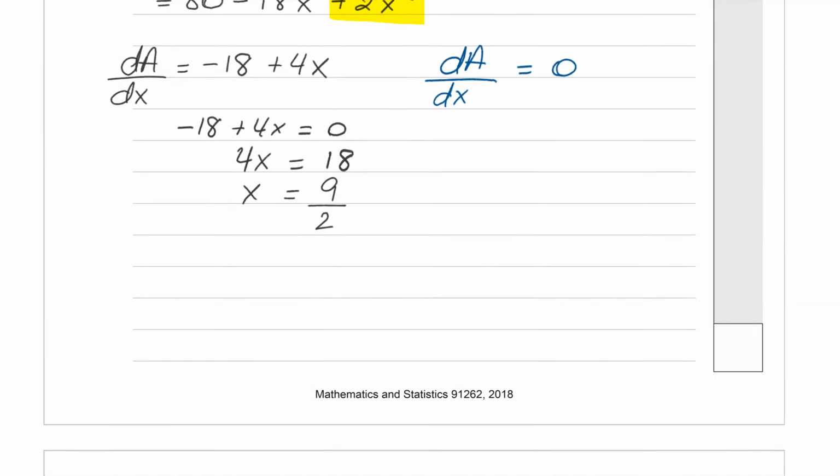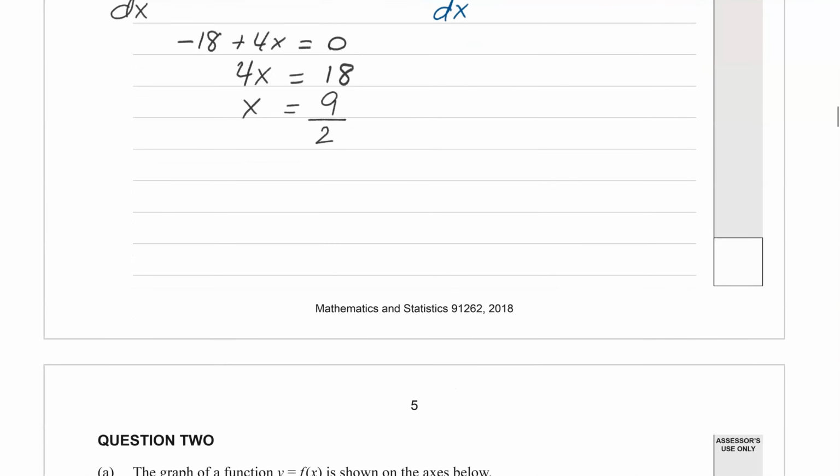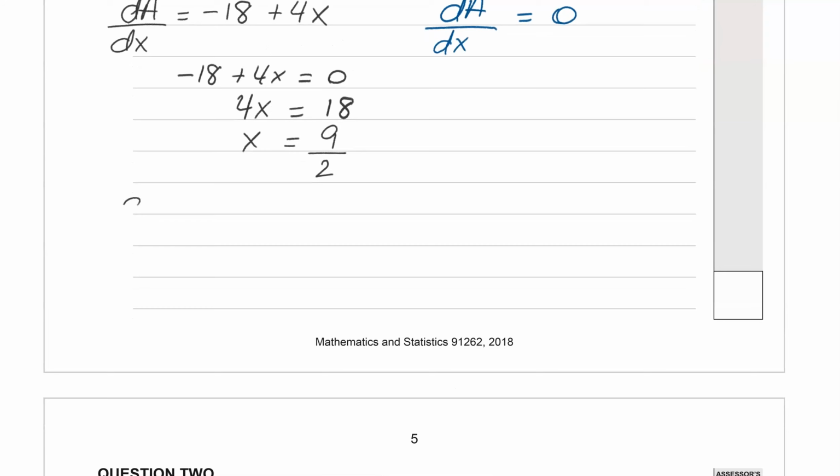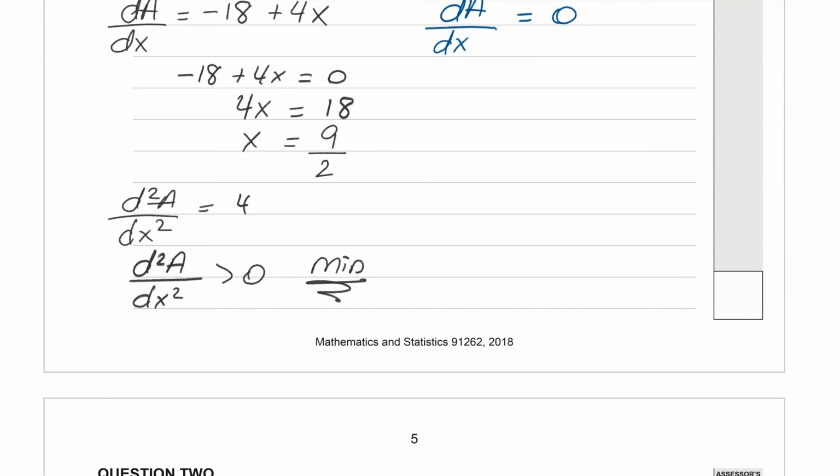I'll use a second derivative test because I like the second derivative test a lot. So I'll have d squared A over dx squared is equal to positive 4, and because the second derivative is greater than 0, therefore I have a minimum. Cool. Now let's go and find our area.